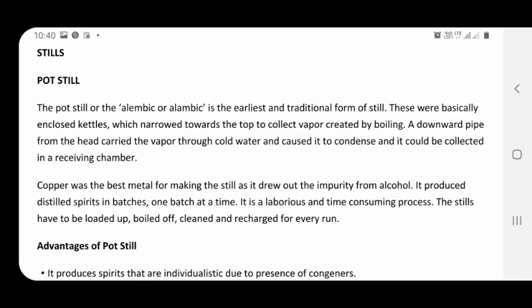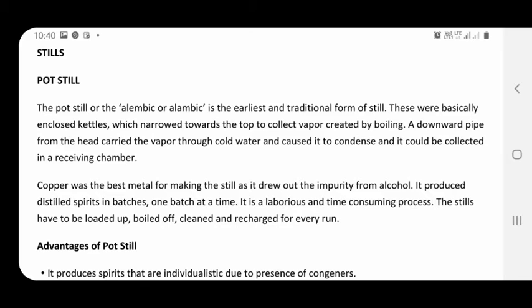Advantages of the pot still method: it produces spirits that are individualistic due to the presence of congeners. Spirits with pronounced aroma and heavy body are produced, and a small quantity of wash can be distilled. So these are the advantages of pot stills.